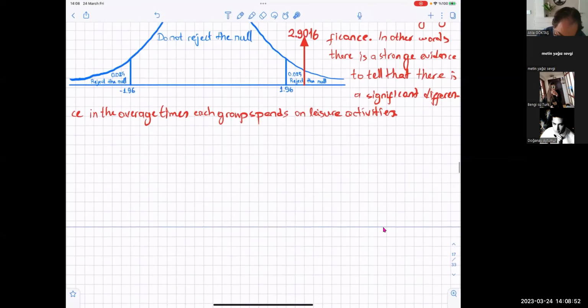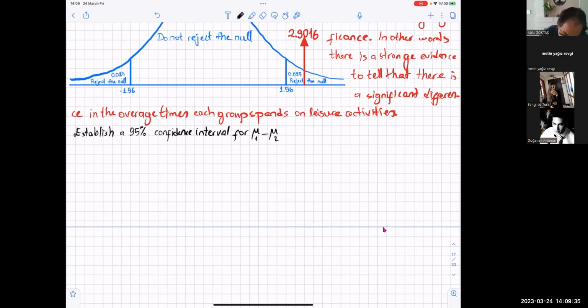Let's establish the 95% confidence interval for the two means difference, mu1 minus mu2.